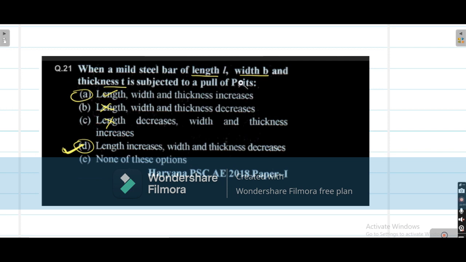Question: when a mild steel bar of length L with width B and thickness T is subjected to a pull of P, what will happen?